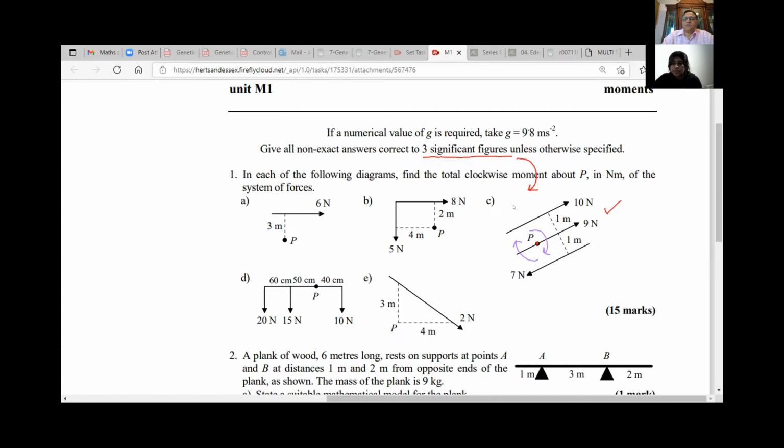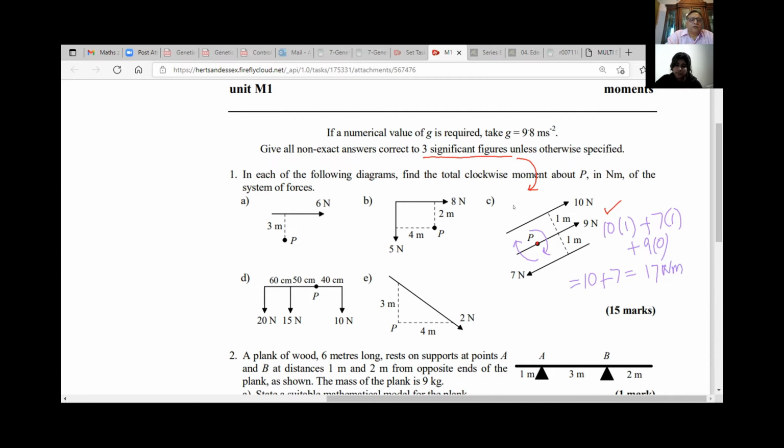The shortest distance. And you're right. So it'll be 10 times the distance, which is 1, plus 7 times the distance, and the other one is actually 9 times 0, since the distance is 0. So you add them up: 10 plus 7, which is 17 Newton meters. And that is clockwise.